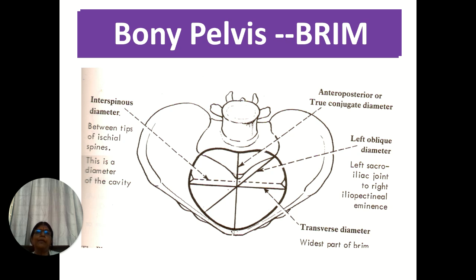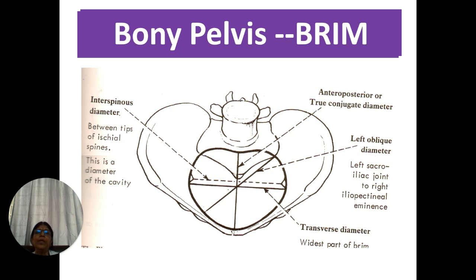The true conjugate or the anatomical conjugate starts from the upper border of the symphysis pubis to the sacral promontory. The obstetric conjugate is from the most prominent part on the posterior surface of the symphysis pubis to the sacral promontory. The diagonal conjugate is from the inferior border of the symphysis pubis to the sacral promontory.